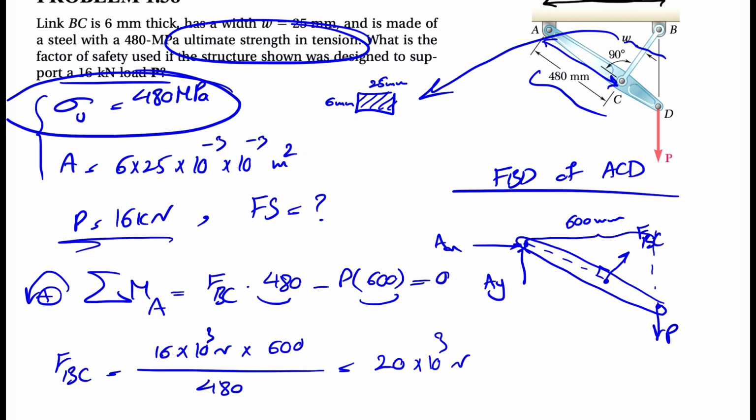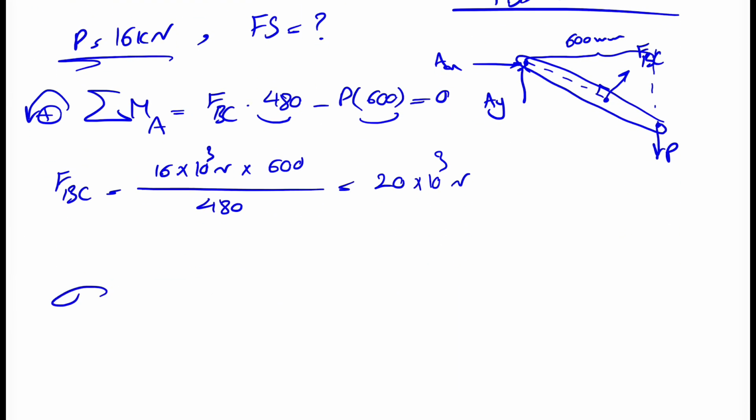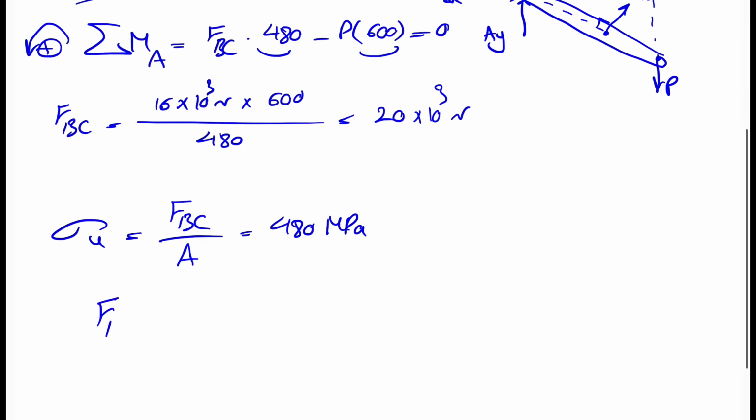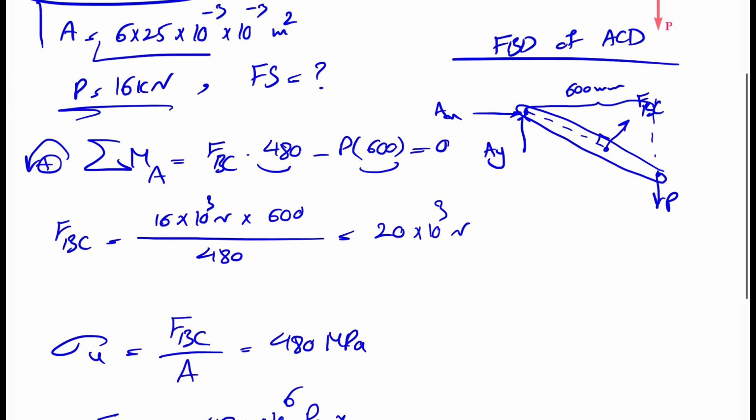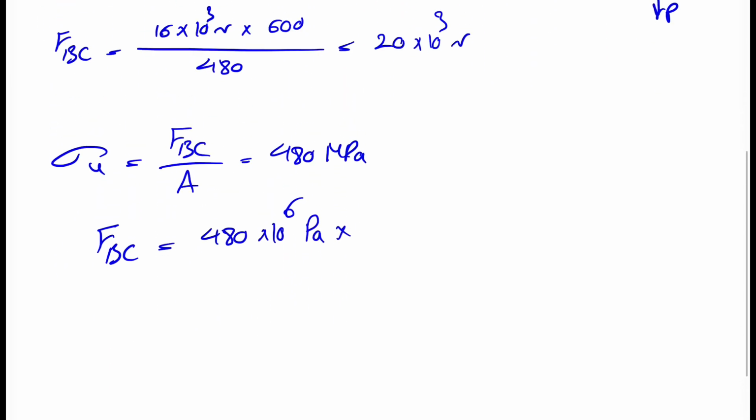We also know that we have the ultimate strength of 480. The ultimate strength is the force over the area, and this is equal to 480 megapascal. So we can find FBC from the ultimate strength: 480 times 10 to the 6 Pascal times the area we found, 6 times 25 times 10 to the minus 6.